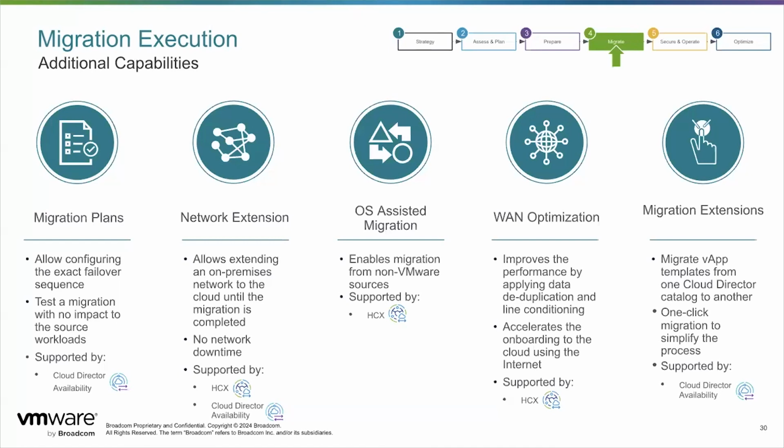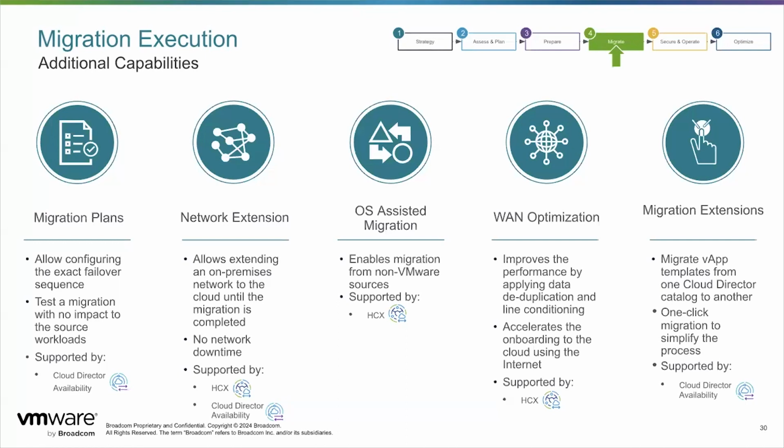And also, there is an option to test in the migration plan, as well as any individual migration that is configured. Also, we have the network extension offered by both by HCX and by Cloud Director Availability. For HCX, it's part of the product. Once enabled, there is an additional appliance deployed automatically by HCX. And for Cloud Director Availability, it is done using the NSX Autonomous Edge that is required at the source site, and then it's easily and automatically configured through the UI of Cloud Director Availability, and the network extension is established.